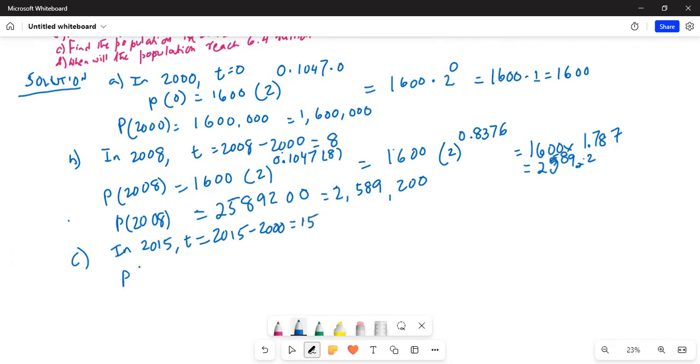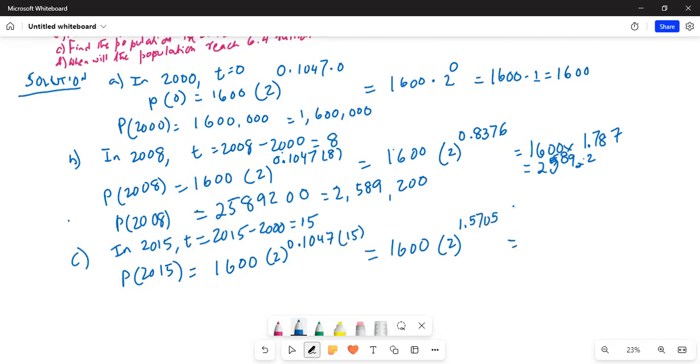So P in 2015 is equal to 1600 times 2 to the exponent 0.1047 times 15, which is 1.5705.